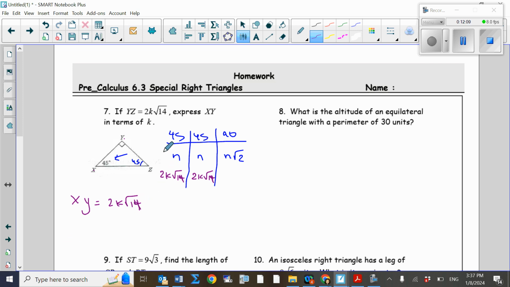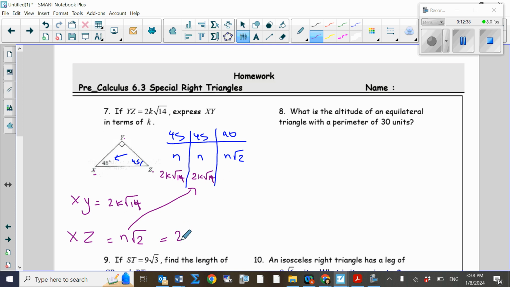What if the question had asked you to find xz? How do we find that? That's n root 2 according to the ratios that we have. So n root 2 is the value of xz. But what is n? n is this value. So I'm going to rewrite that by replacing this value for n.